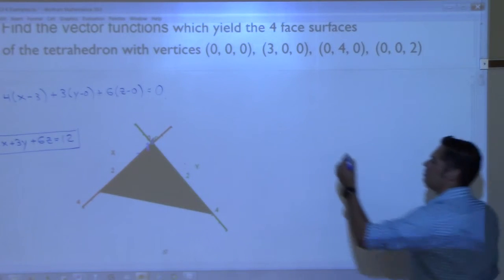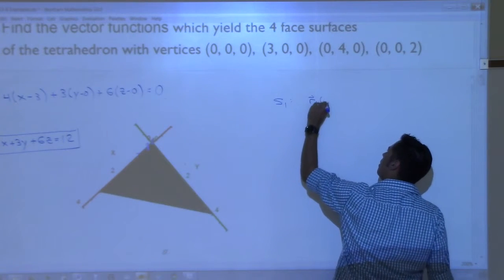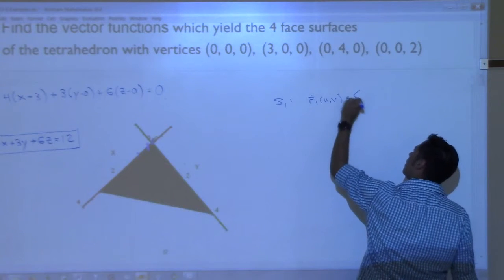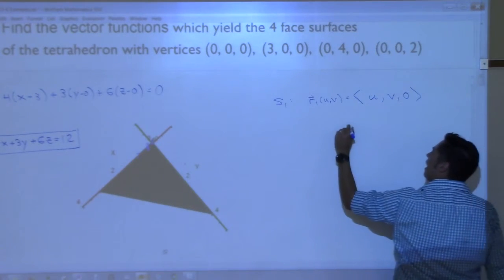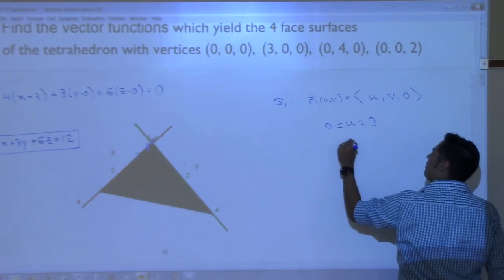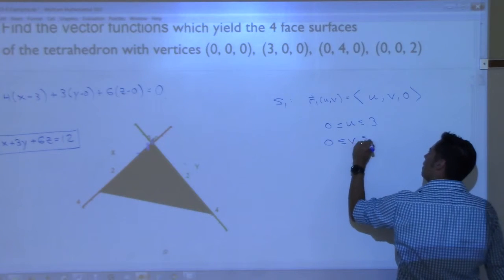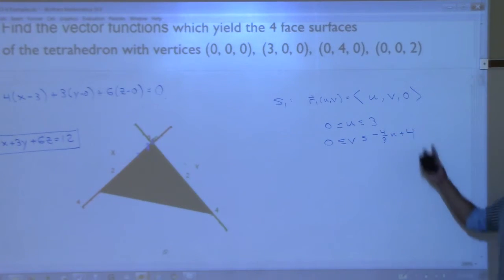Now what was S1? Just so we remember. S1 was R1 of UV equals (u, v, 0), and U was between 0 and 3, and V was between 0 and -4/3 u plus 4, right? That's how we drew S1.